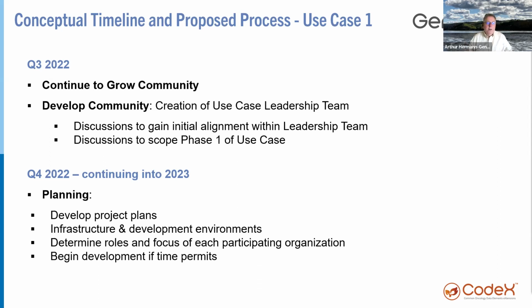Then I would expect in Q4 and continuing into 2023 that we're developing project plans, ensuring that the infrastructure, et cetera, is there, and defining roles and focus of organizations. And if there's time, maybe we'll be lucky enough to actually begin some development towards the end of this year.